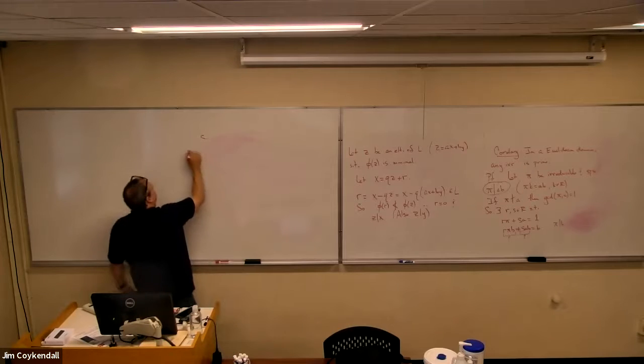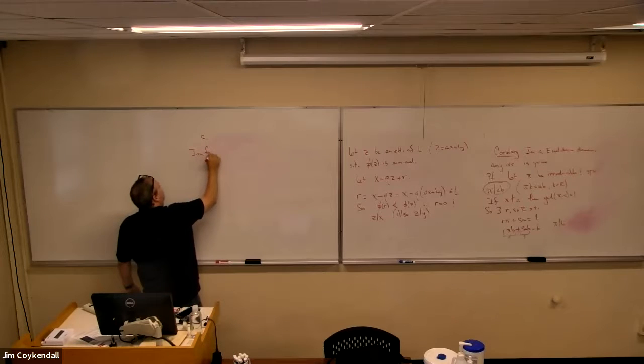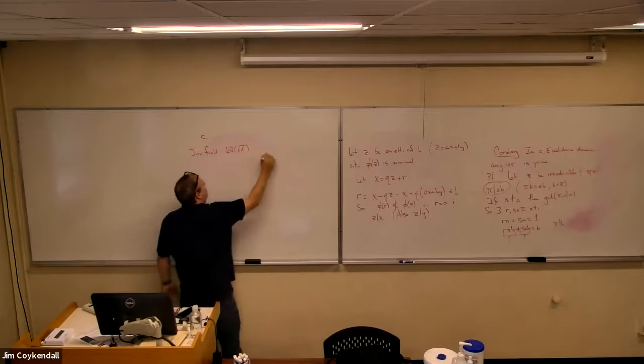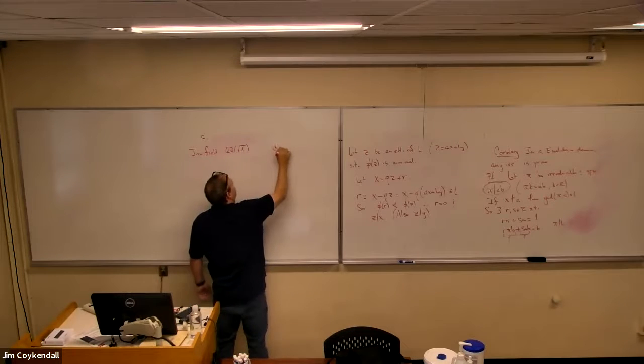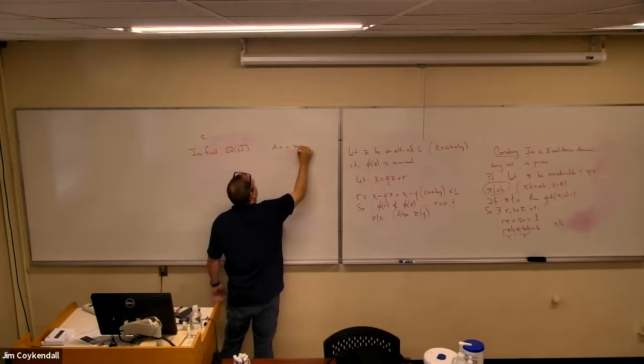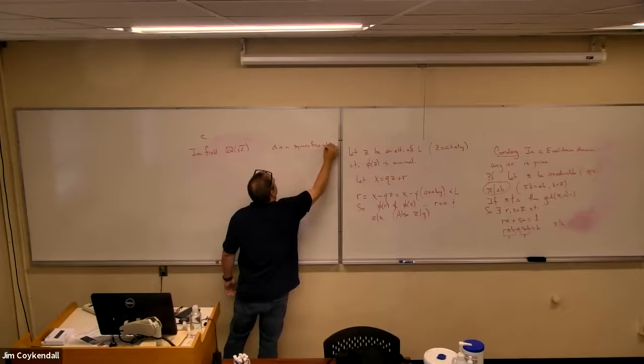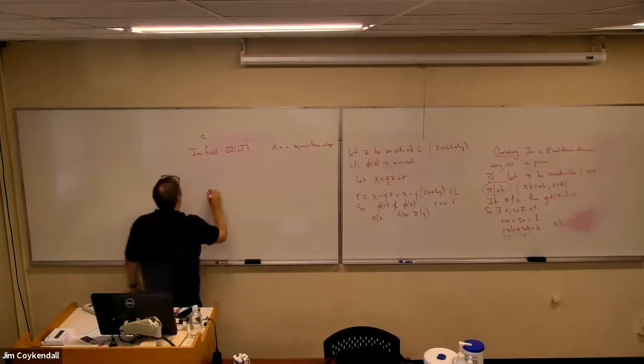So in the field Q square root of D, where D is a square-free integer, you have these special kinds of rings.